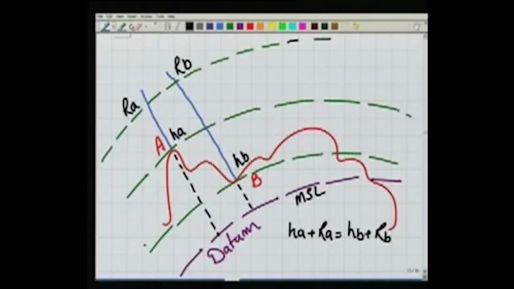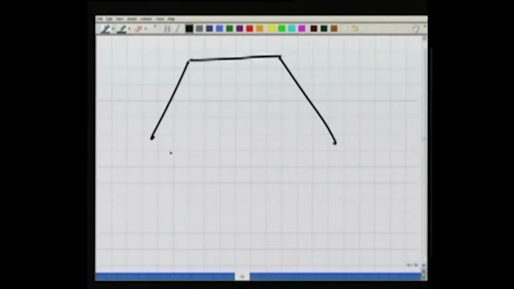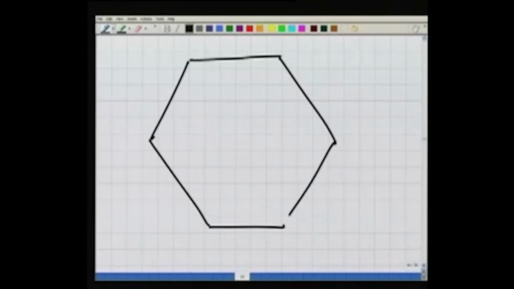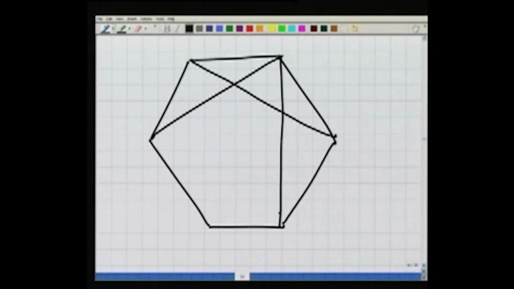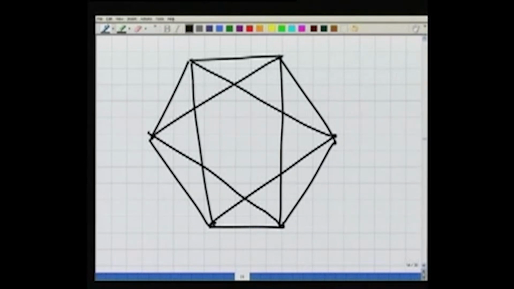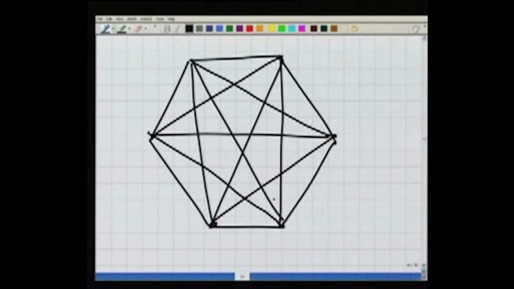Then many researchers have suggested that the best figure in trilateration is a hexagon with all the sides measured. All possible sides, whatever you can think of, are measured here. That's the best figure, is what is said.